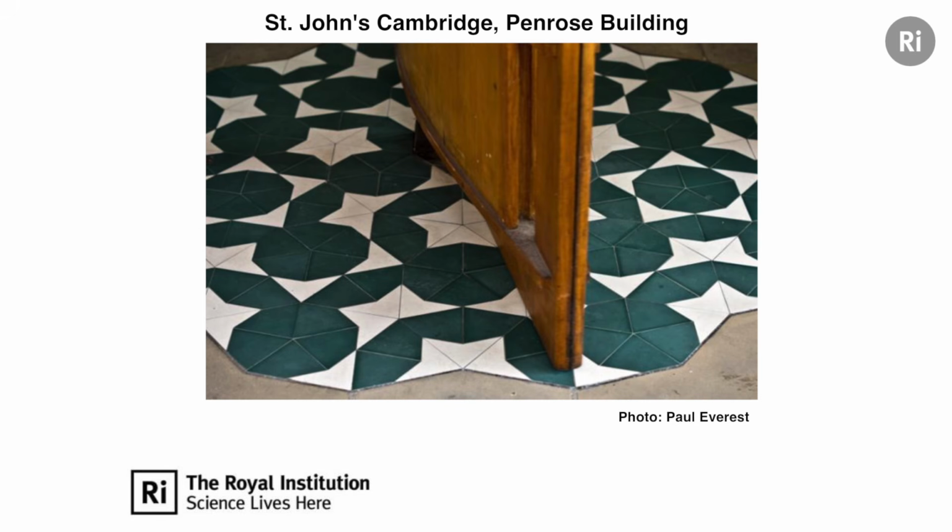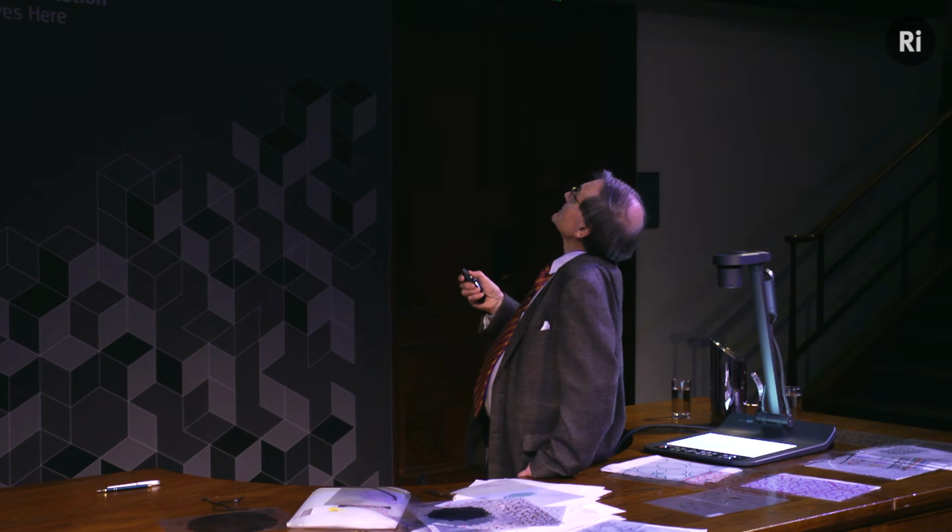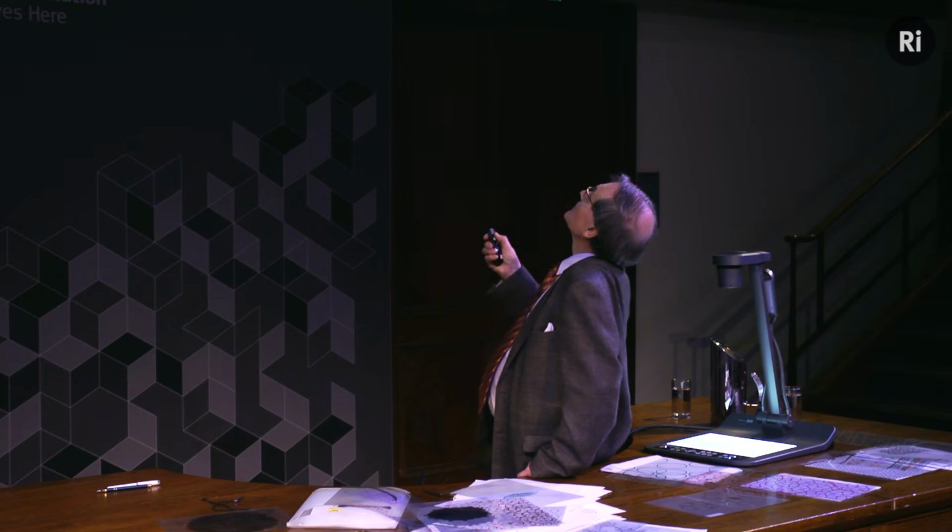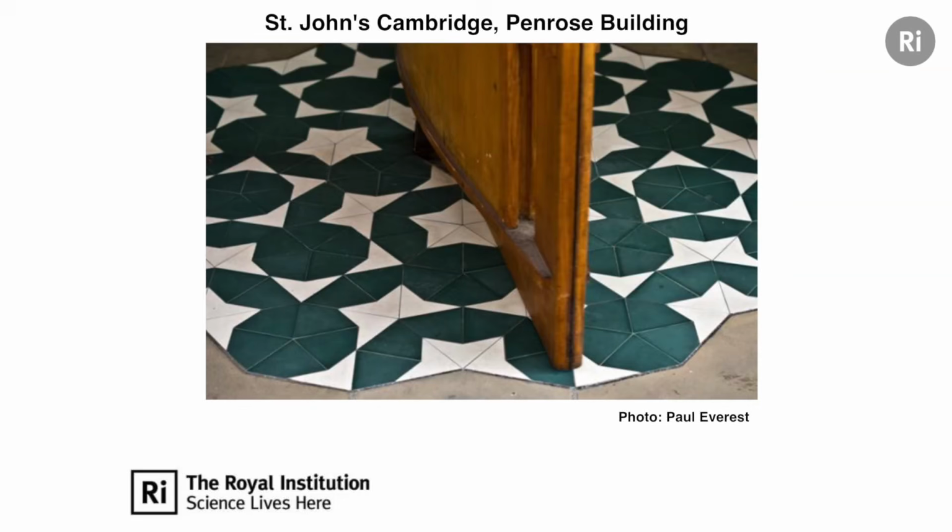And the piece of wood in the middle of the picture here is a door. It's the entrance to the library, and this is a circular pattern on the floor, and the door swings round. There's a pillar up the middle there. So you can't really see the whole pattern all at once, but you can swing the door around and see different parts of it.